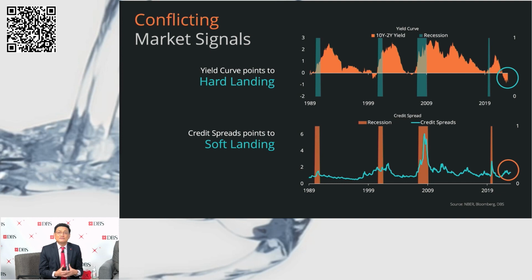Our baseline view is that of the latter. A soft landing is ahead, given economic data recently points to a continued resilience in the US labor market and corporate earnings.